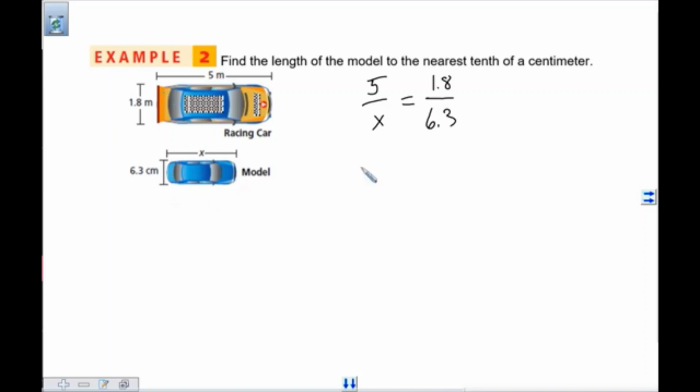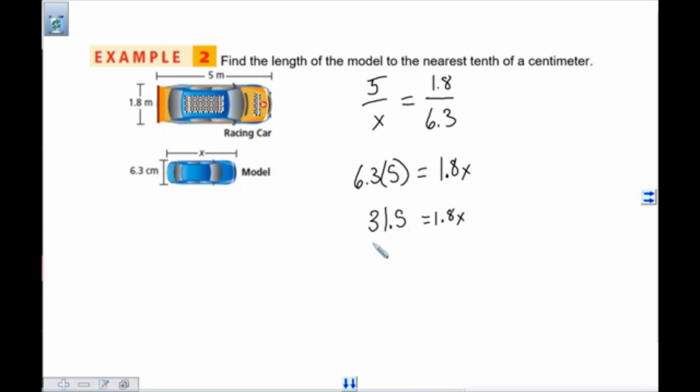And then we're going to cross multiply: 6.3 times 5 equals 1.8 times x. And 6.3 times 5 is 31.5.